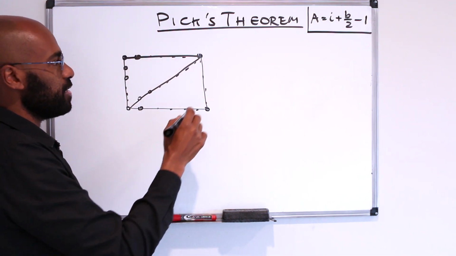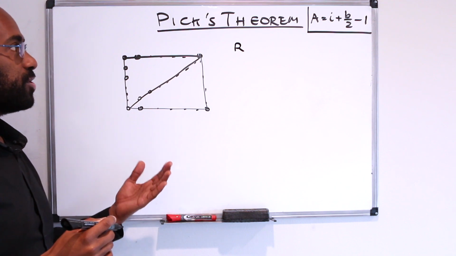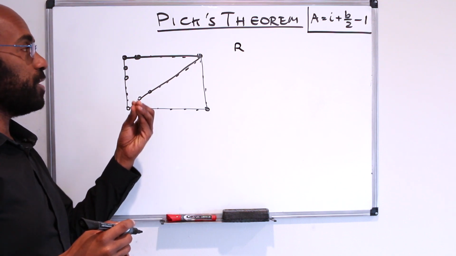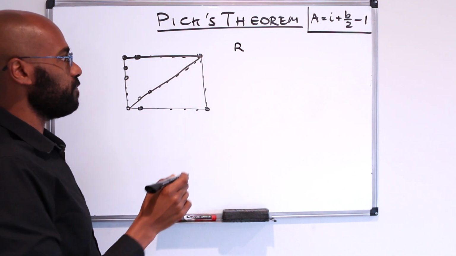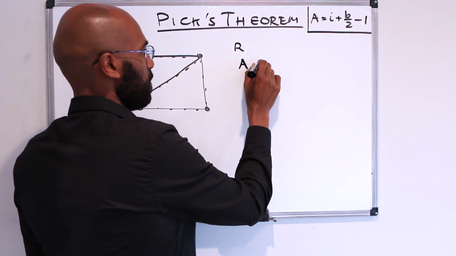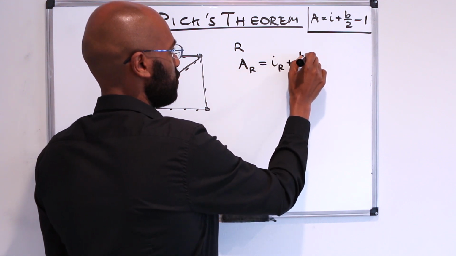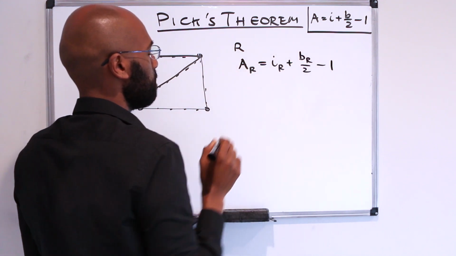Okay, so I've taken a rectangle here. Let's call the rectangle R, right? And this area, interior points, and boundary points will be written with the subscript R involved. So we know by Pick's theorem for rectangles that the area of the rectangle is the number of interior points in the rectangle plus half the number of boundary points in the rectangle minus 1.